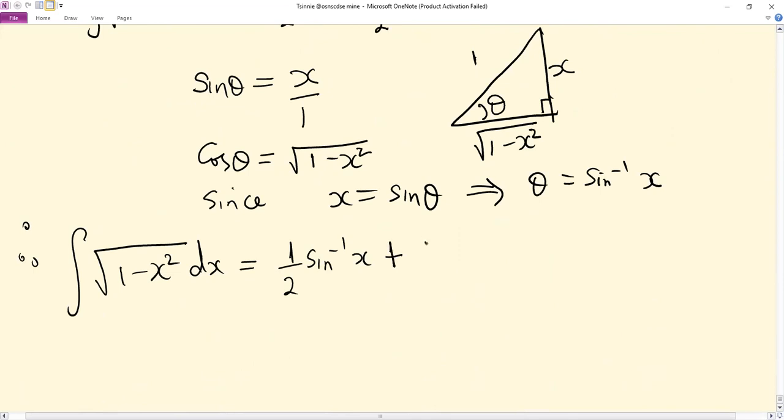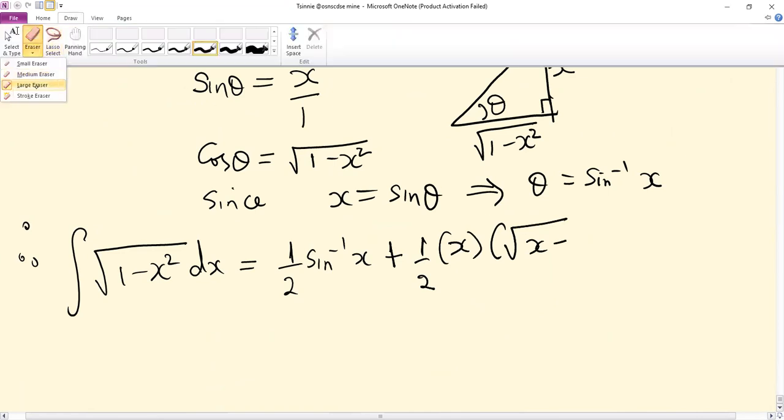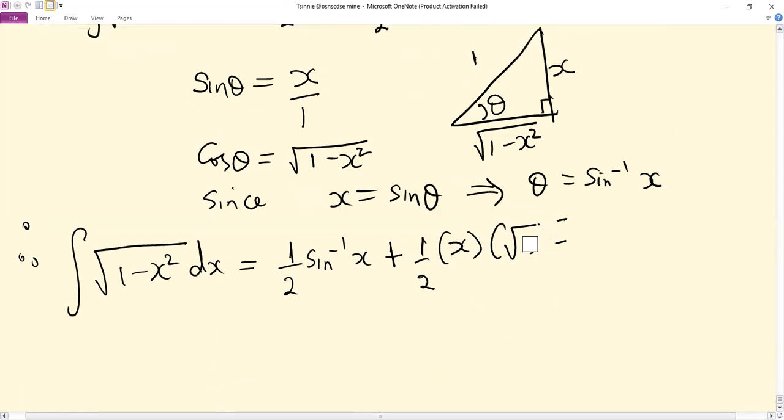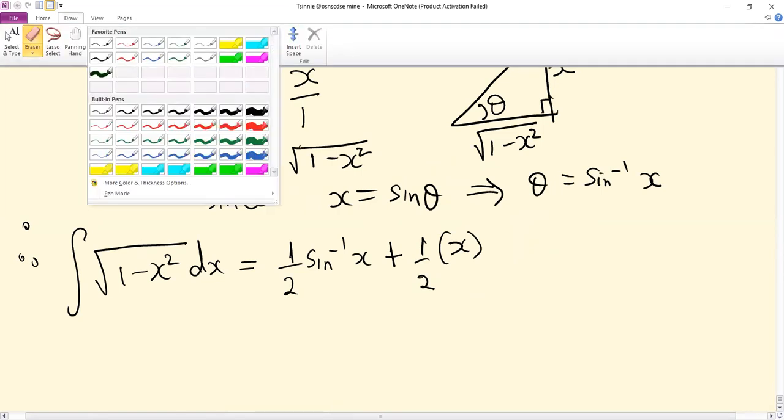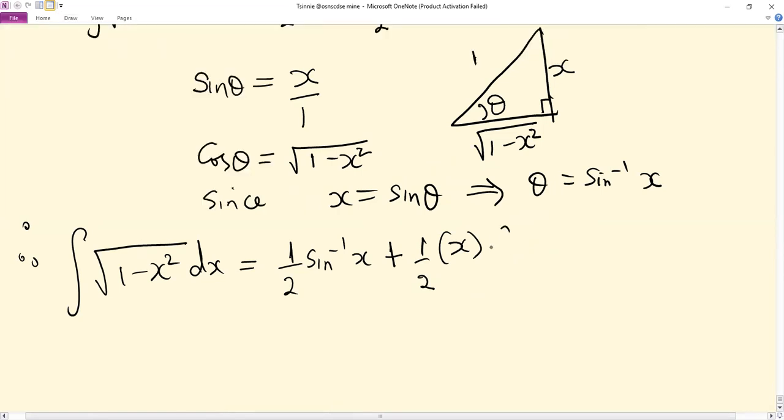Now a half cosine theta: I put sine theta is x, then cosine theta is the square root of 1 minus x squared, and then plus c.